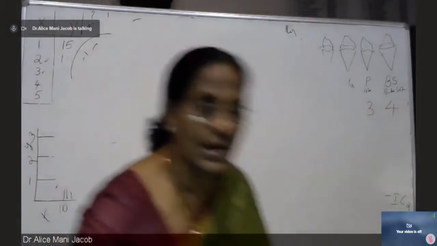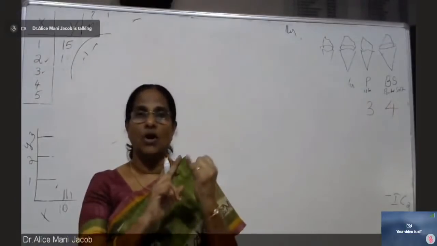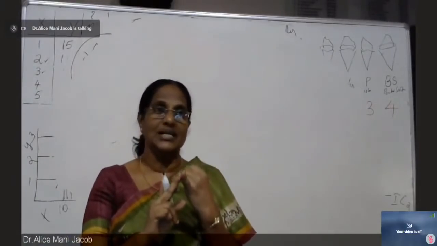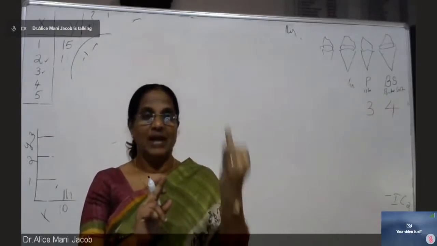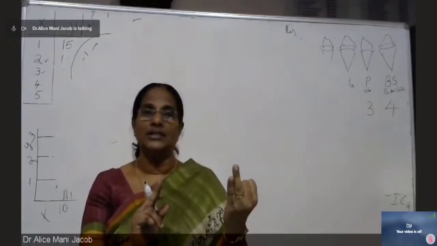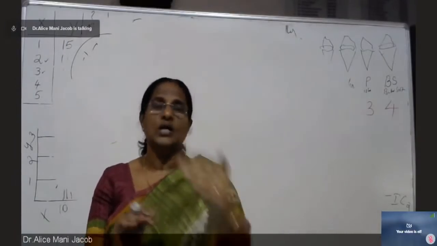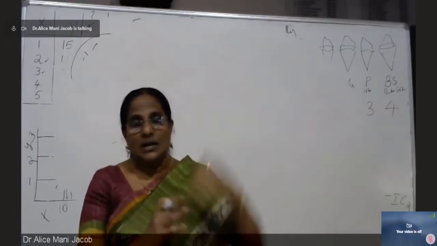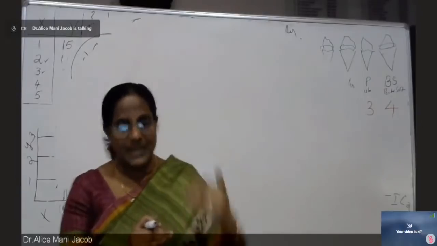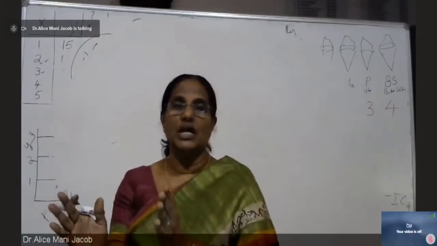You remember in our earlier example, a consumer who is consuming one commodity is maximizing his satisfaction when MUX is equal to PX. When he consumes more than one commodity, MUX by PX is equal to MUY by PY, or is equal to MUZ by PZ, which is the same as saying the marginal utility of money spent on different commodities must be equal.